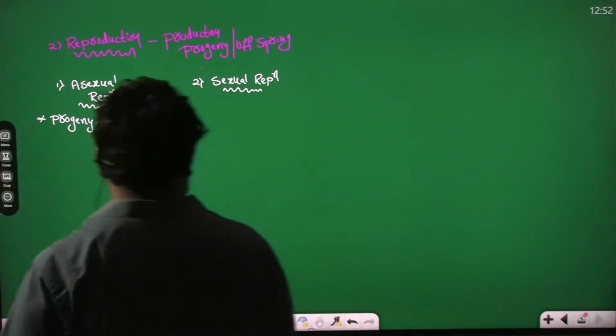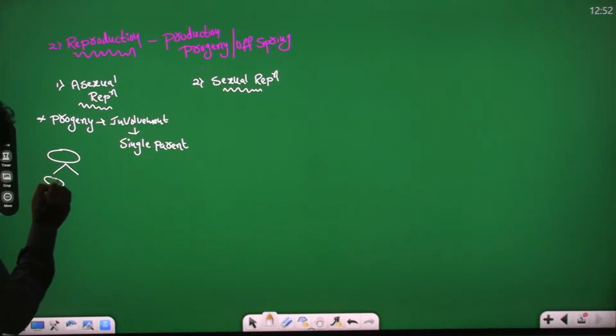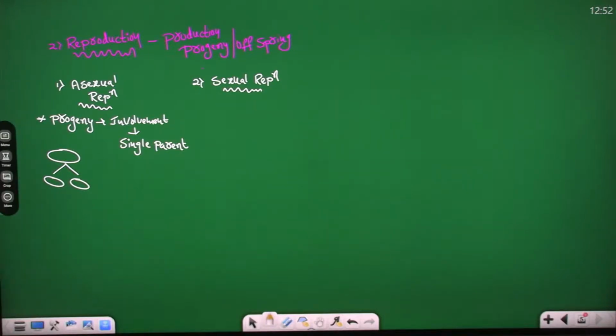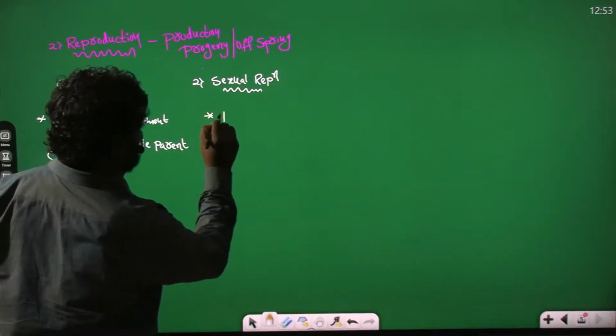See, this is the parent. It divides to produce two daughters. Here progeny is produced by the involvement of only one parent, that's why this type of reproduction is called asexual reproduction. But what is sexual reproduction?